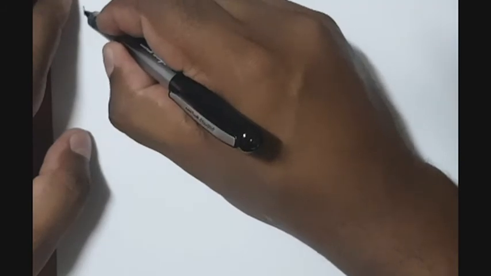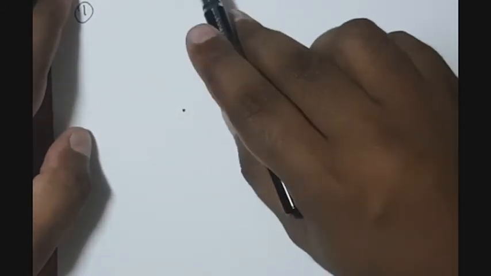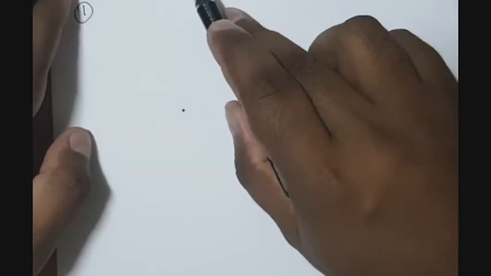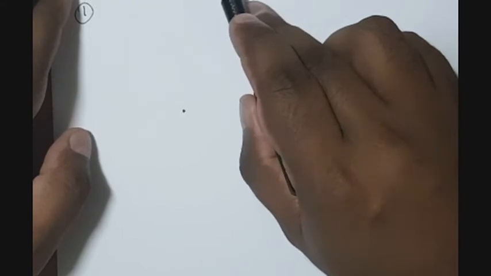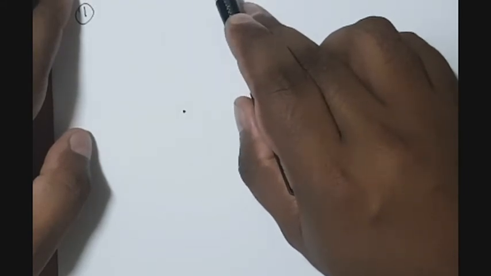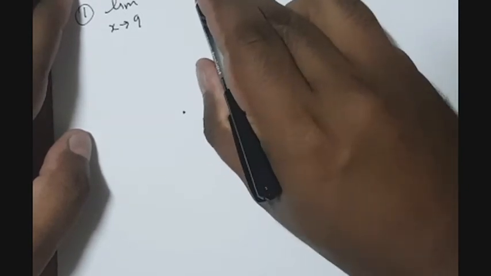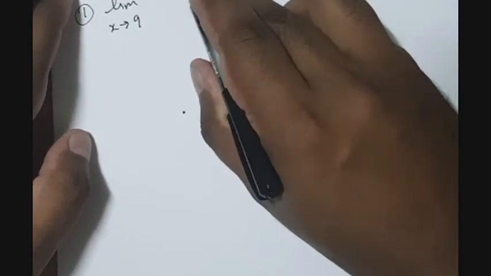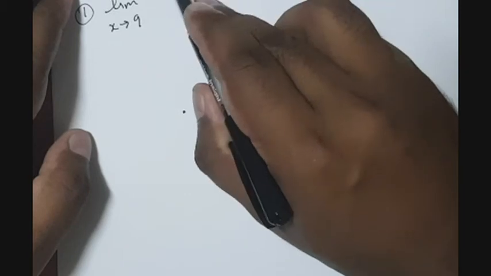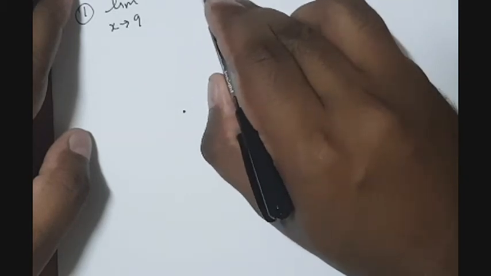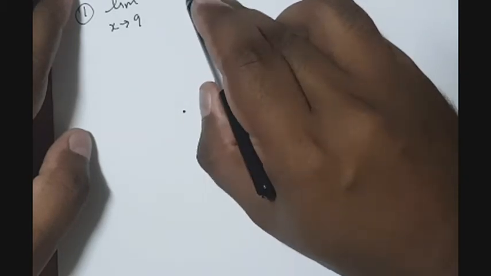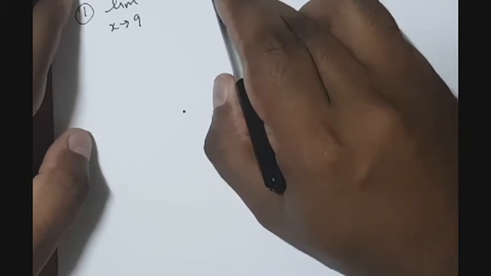The first one, you can factorize your numerator using a difference of squares. x − 9: x is the same as √x squared, 9 is the same as 3 squared.